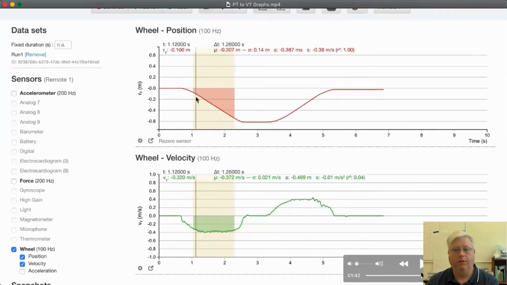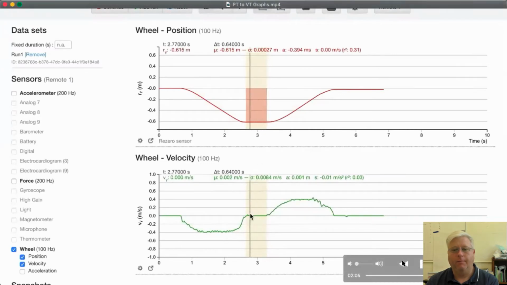I pre-recorded this, so all right, then what do I do? I highlight the flat part, and we can see they're both flat. But the difference here is on the position time graph, it's flat at -0.6.